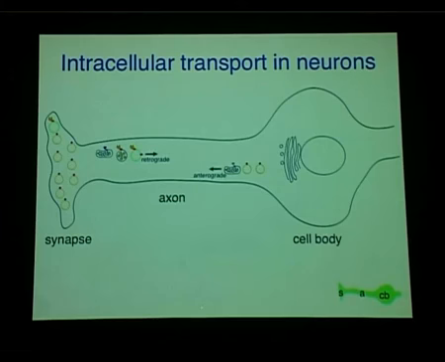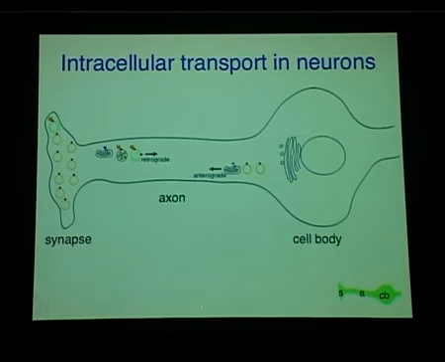So the process of axonal transport is one which carries multiple cargoes from the cell body to the synapse and from the synapse back to the cell body. In the anterograde direction, multiple cargoes such as synaptic vesicles and mitochondria move from the cell body to the synapse, and the reverse direction is called retrograde transport.